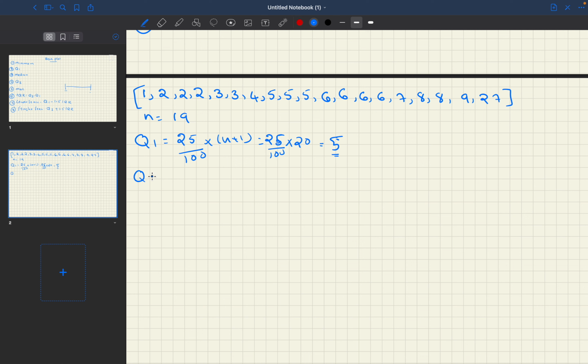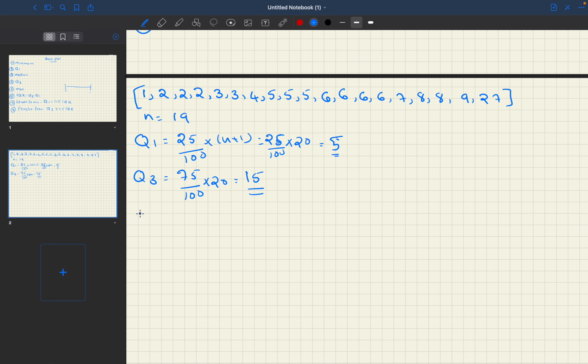Then we need to calculate Q3, which is 75 by 100 into 20, which is 15. So this will be the 15th index. Now we need to figure out which value is at the fifth index: 1, 2, 3, 4, 5.